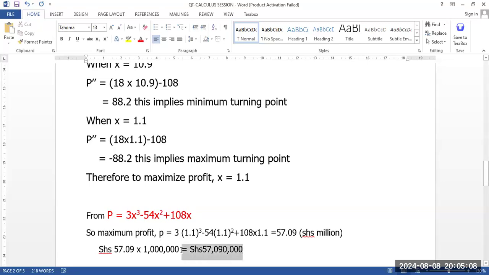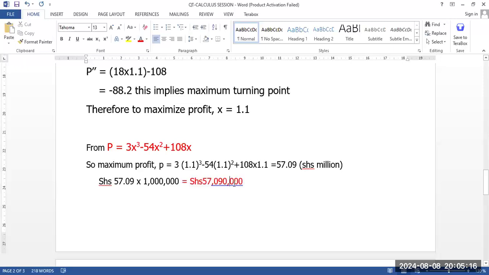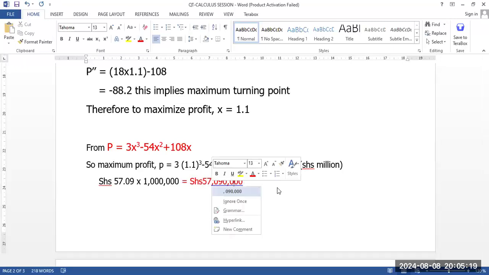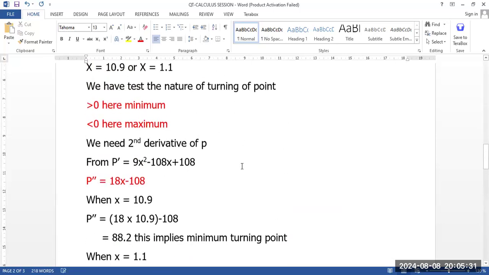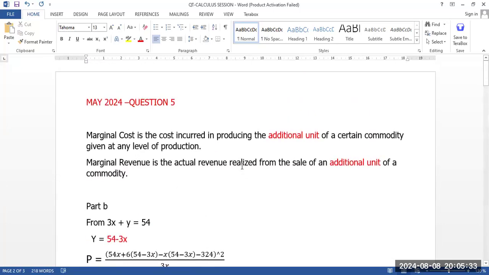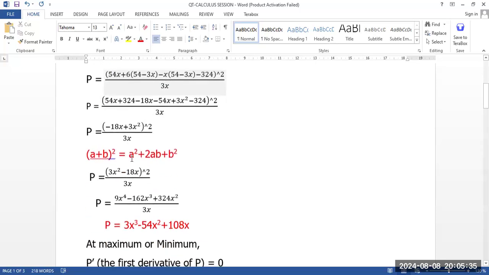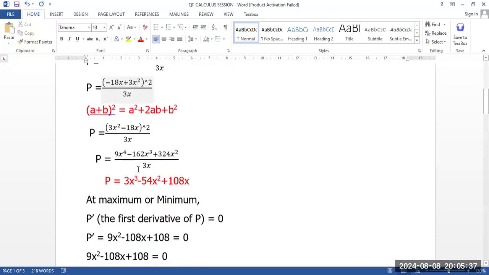So colleagues, that's all about part A. Any question? You see, it is not all that complicated, but it takes time to answer this and expand this.